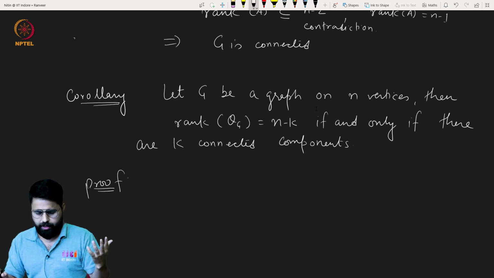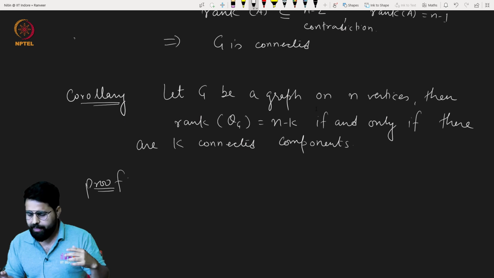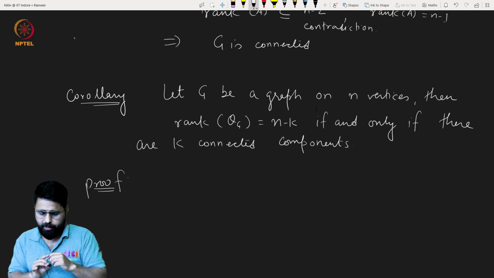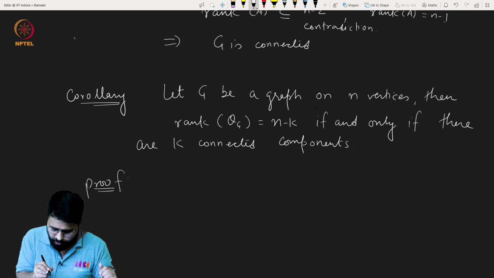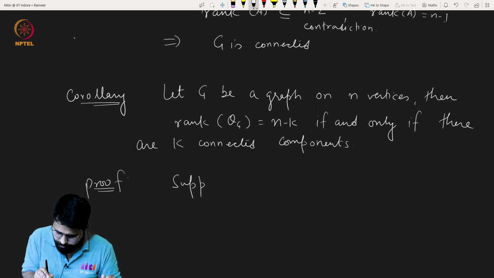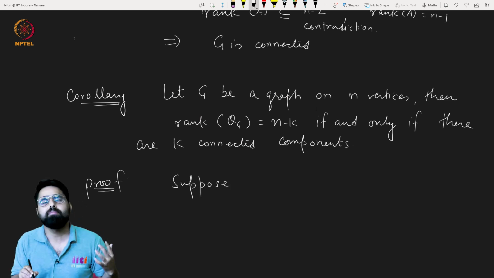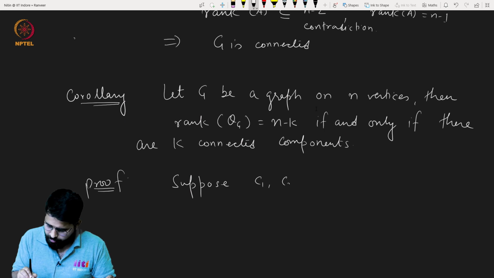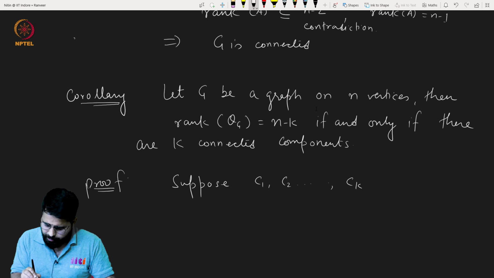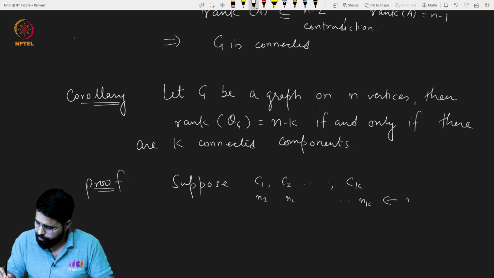So let us write what QG will look like. Suppose there are k components, C1, C2 up to Ck, and each of them has vertices n1, n2 up to nk, the number of vertices.